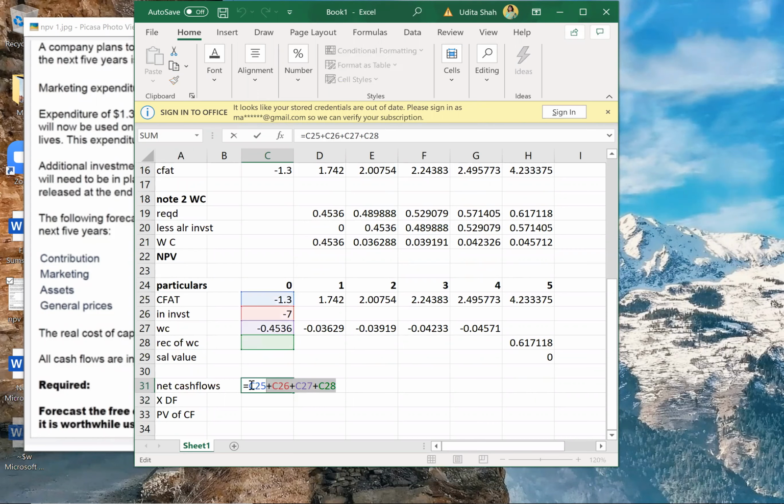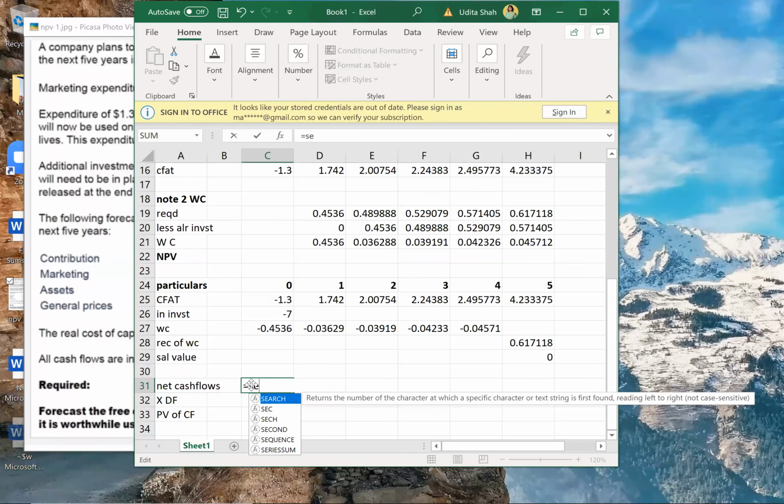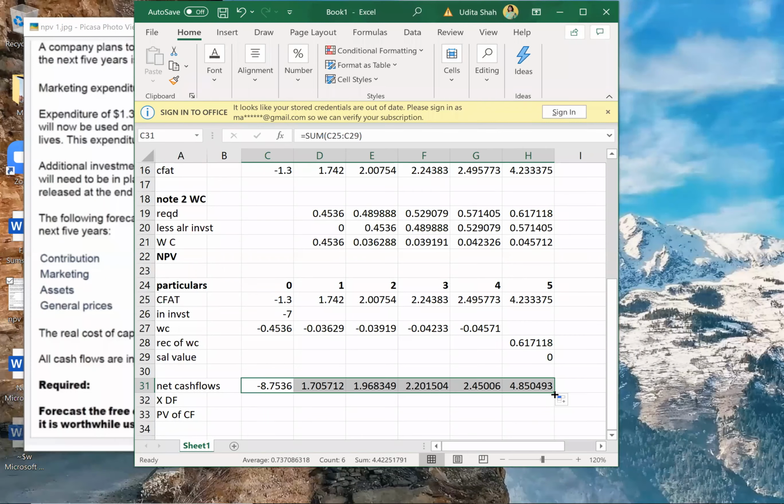You can just put equal to the sum of all of these, okay, and drag it. So now you have got net cash flows of all these years from year 0 to year 5.